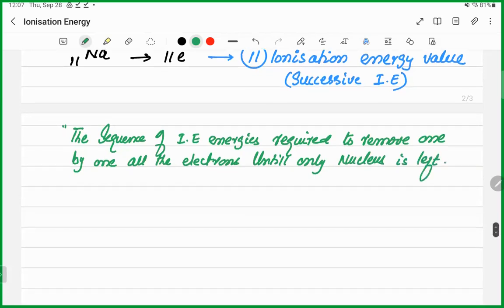Okay, so if you have magnesium, there are 12 ionization energy values because it has altogether 12 electrons. For aluminum there will be 13.